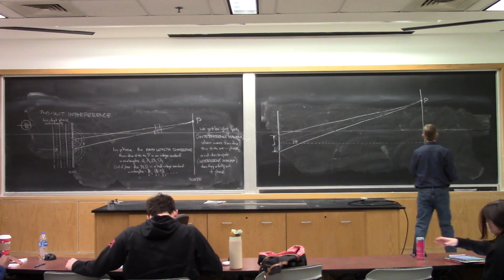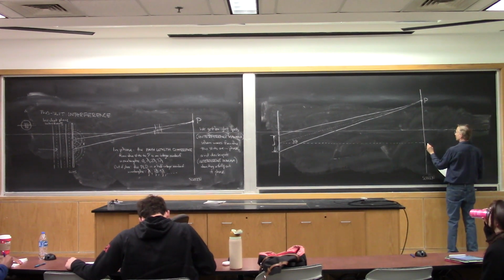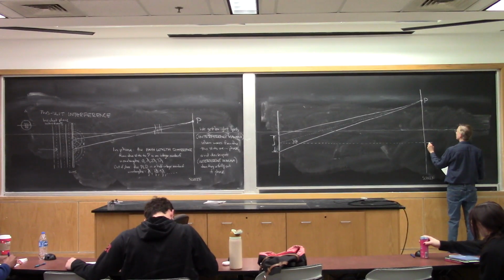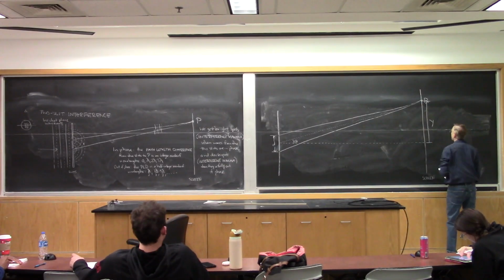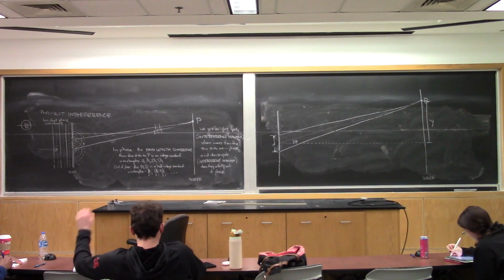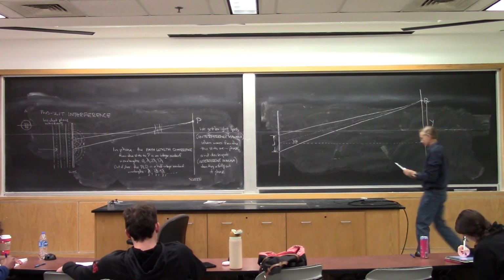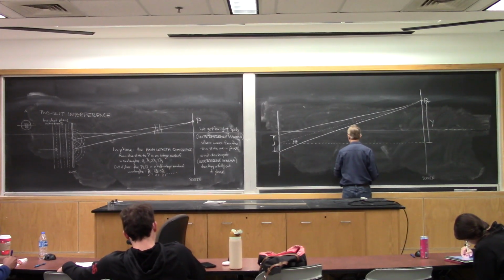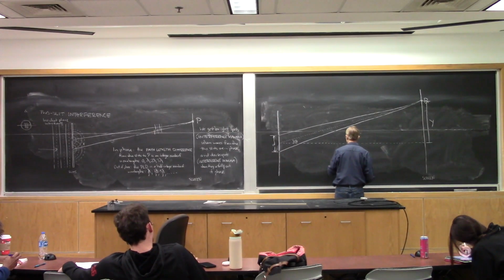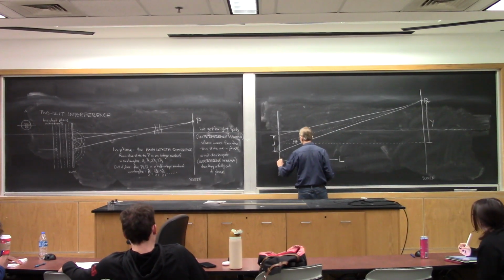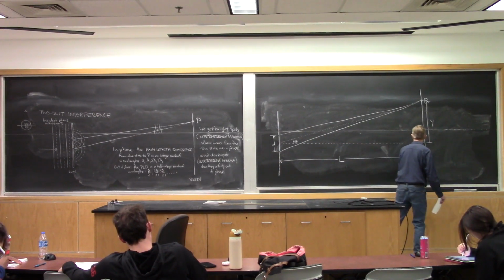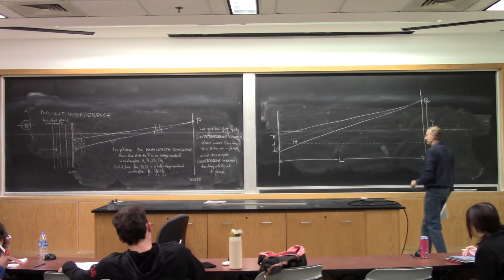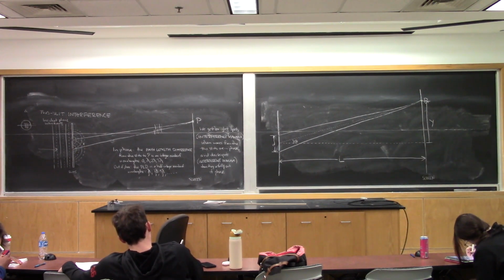And we're going to say that the distance from the center line to point P on the screen is y, because why not? And the distance from the thing that has the slits in it to the screen is going to be capital L.